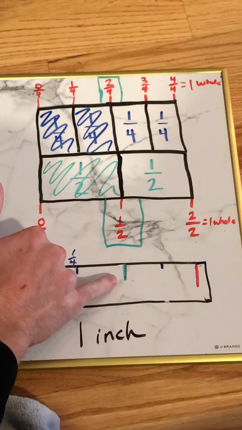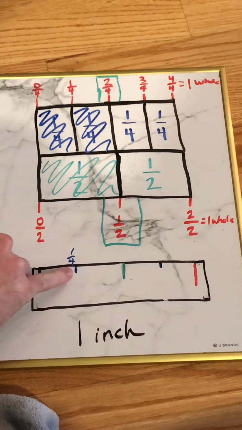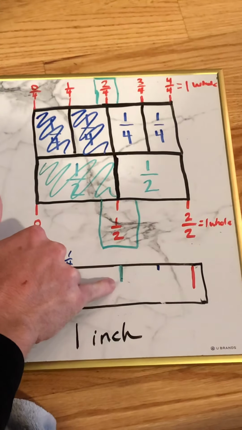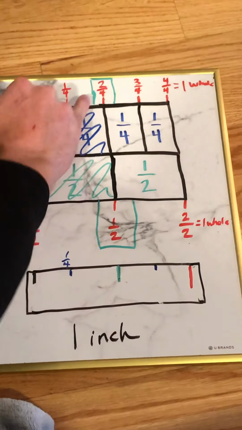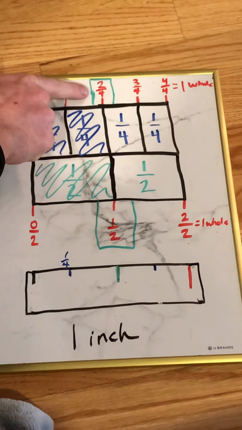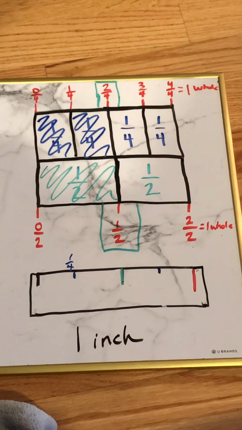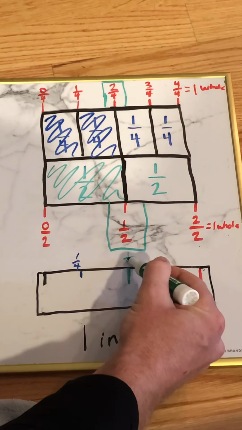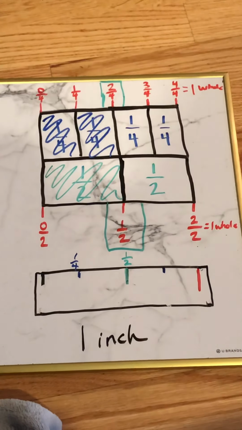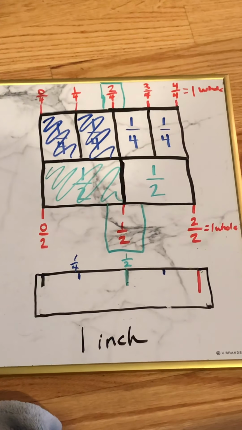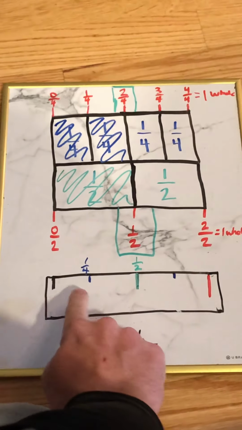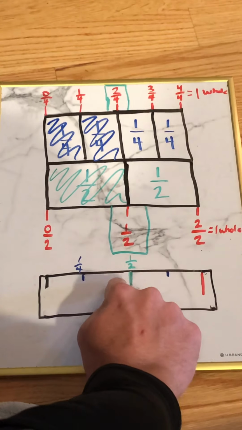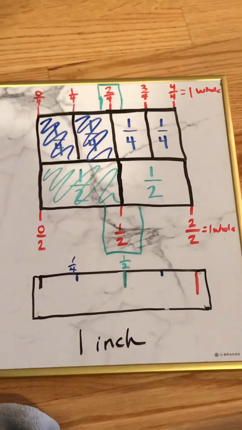Then what does this green line represent? Notice it's a little bit bigger than the 1/4 inch mark. Well, let's go straight up. It could represent 2/4, but for us right now, we're going to call it the 1/2 inch mark.